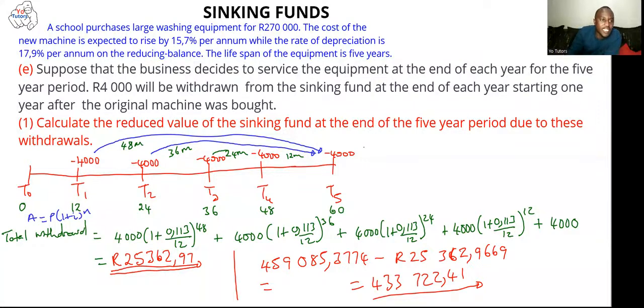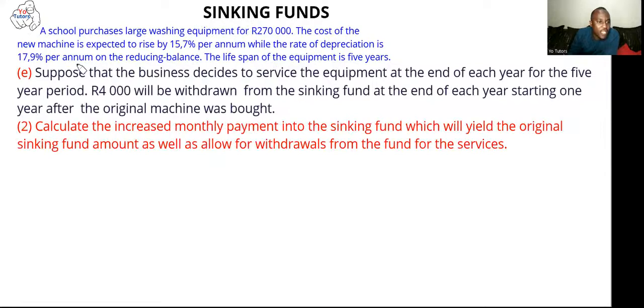Now let's get to the next question and see what it is saying. We have the same scenario now. Calculate the increased monthly payment into the sinking fund, which will yield the original sinking fund amount, as well as allow for withdrawals from this fund for the services.